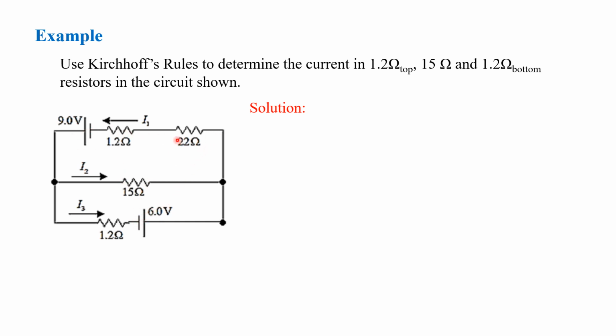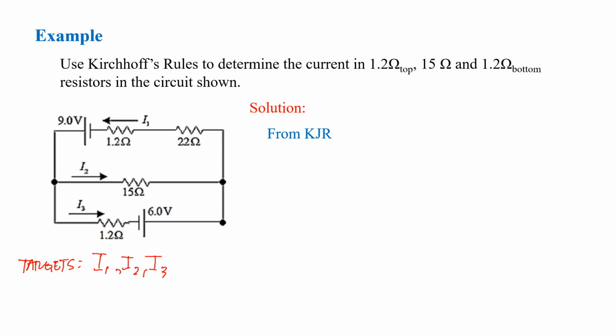So we're asked for the current in your 15 ohm resistor and the currents in your 1.2 ohm resistors. So our targets are I1, I2, and I3. The first thing that we usually do is to find a junction where you're going to apply your junction rule.